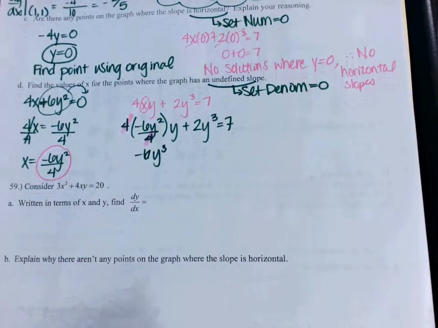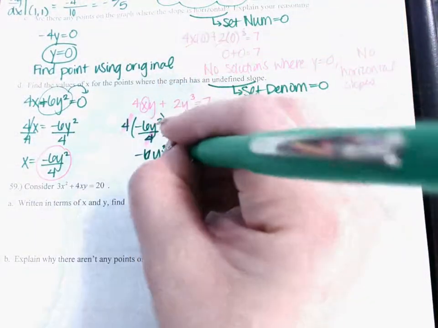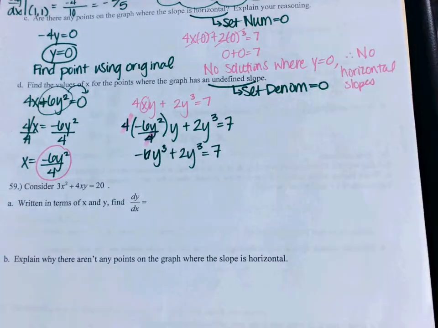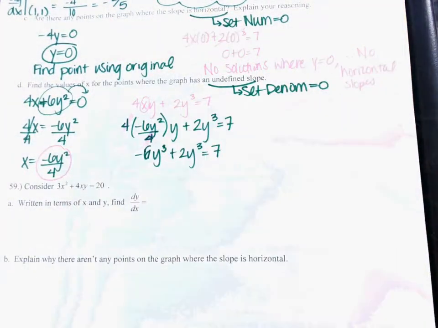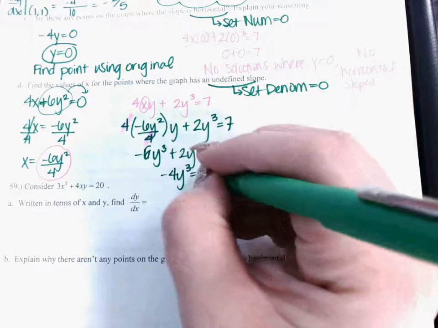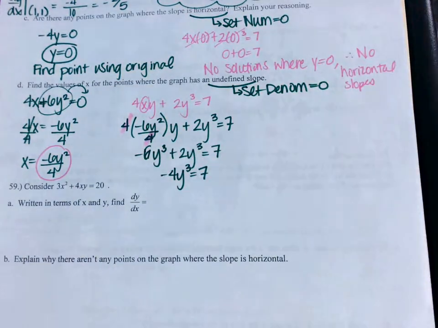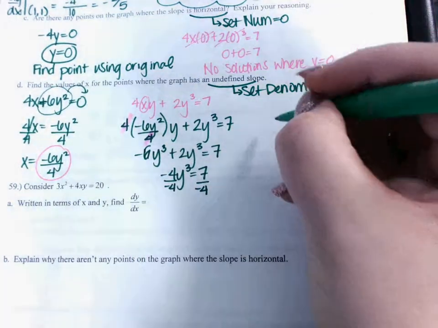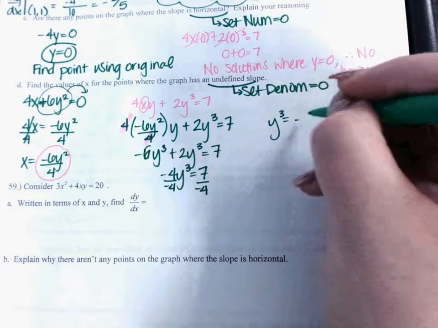And then I have a plus 2y cubed. How many is that together? Negative 6 plus 2 is negative 4y cubed equals 7. Then I divide by negative 4 on both sides. So I have y cubed is negative 7/4.